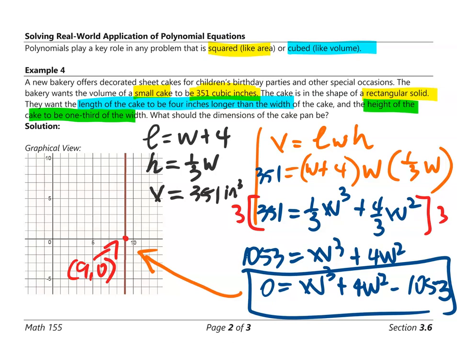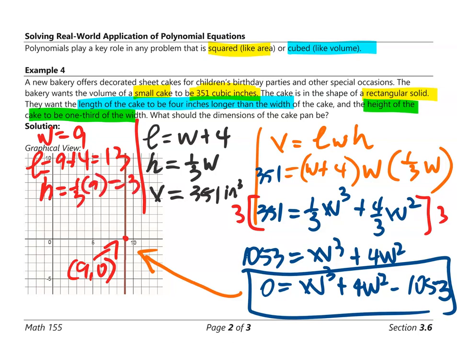So meaning since our volume is in terms of the width, which is the W, we can say that our width is equal to 9. And then now we can solve for the length, W plus 4, so 9 plus 4 is equal to 13, and our height is 1/3 of the width, so 1/3 times 9 is equal to 3. So we have 9, 13, and 3.